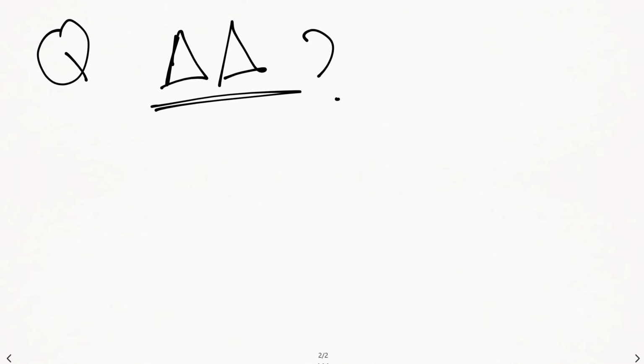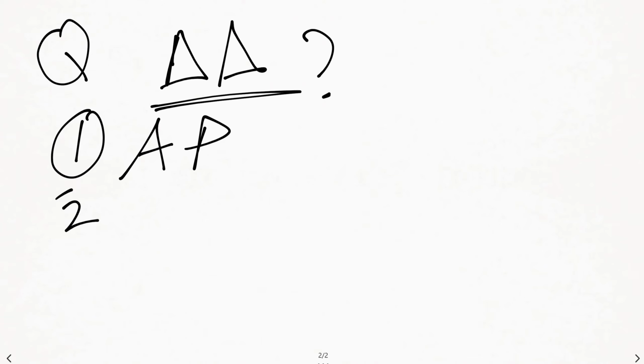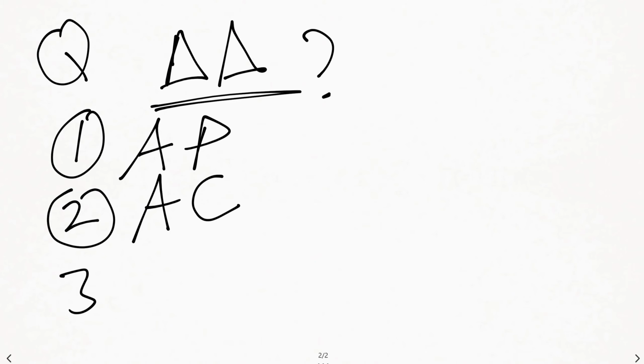The examiner is going to ask you about the differential diagnosis. So what is the differential diagnosis for the symptoms or scenario which he told you in the beginning? Number one, acute pancreatitis. Number two, acute cholecystitis. Number three, ascending cholangitis.